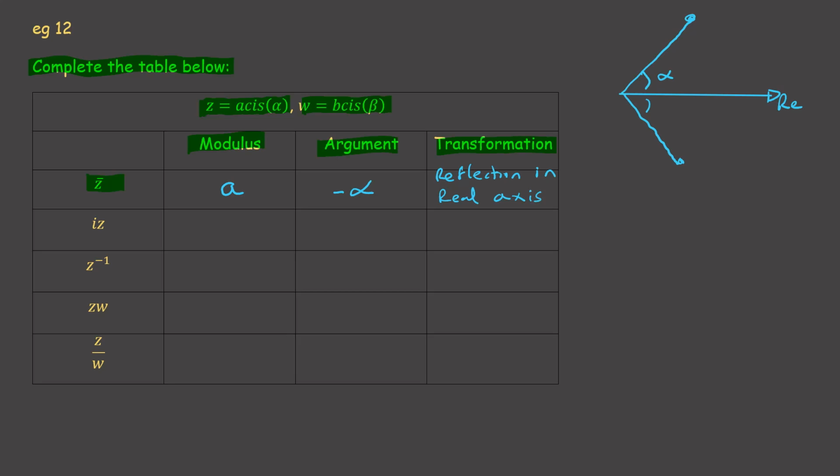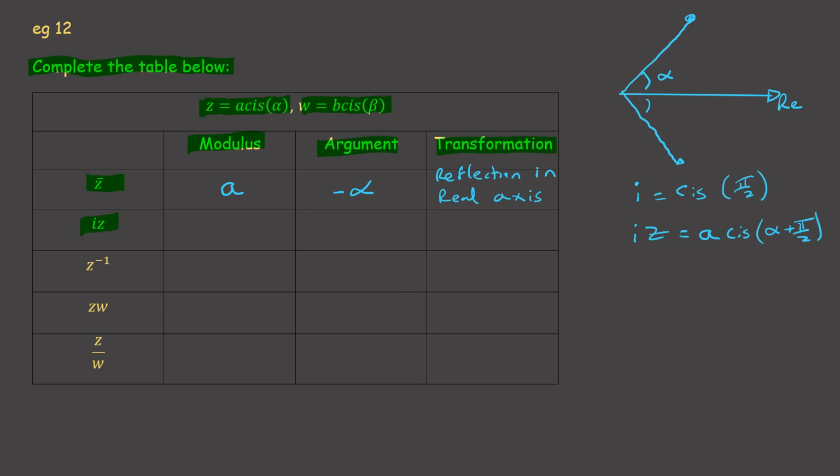So the next one we want to look at is iZ. Okay, so we know that i is cis pi by 2. So if we multiply, doing iZ, we're going to get A cis alpha plus pi by 2.